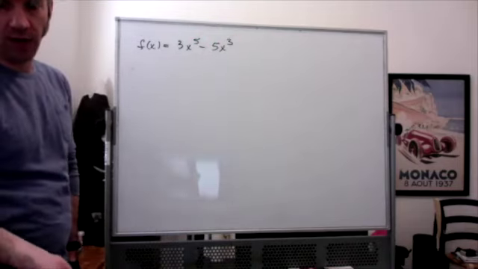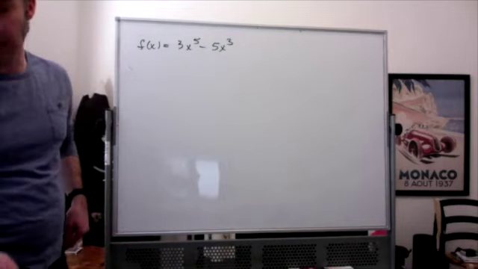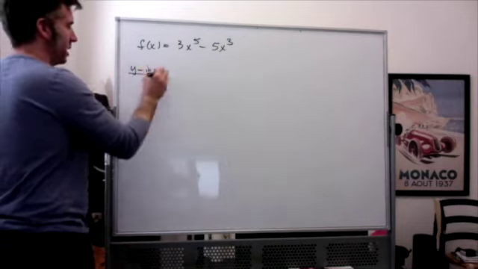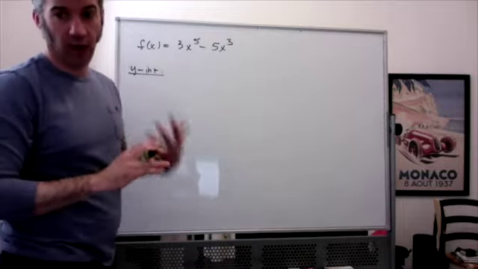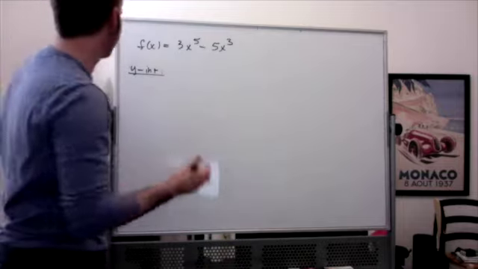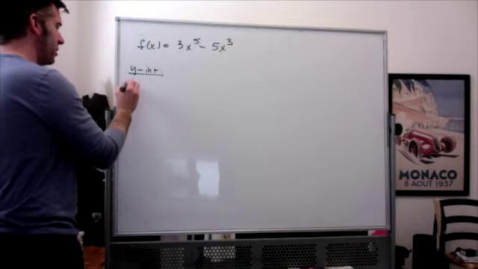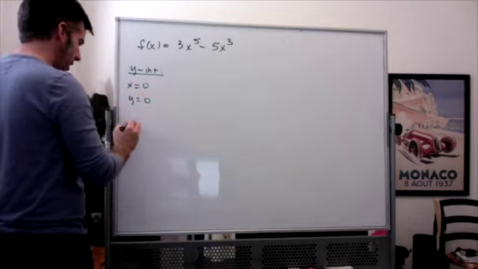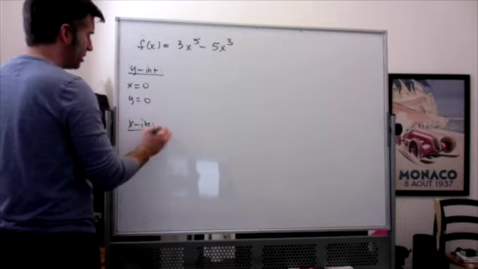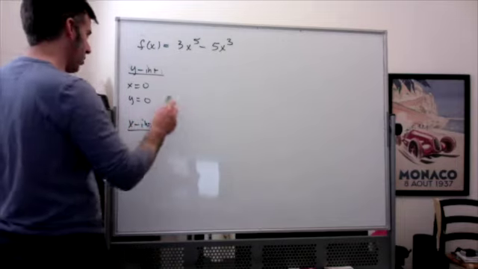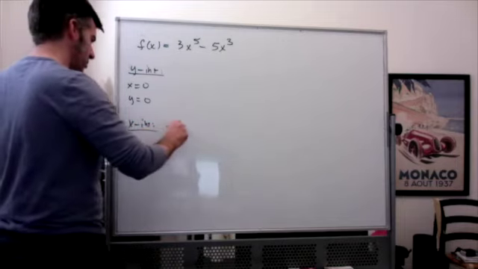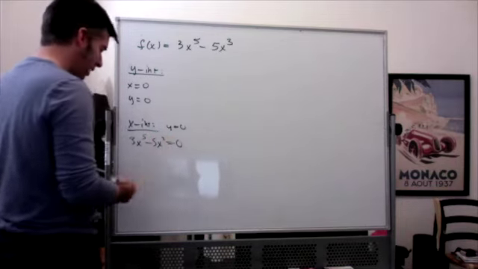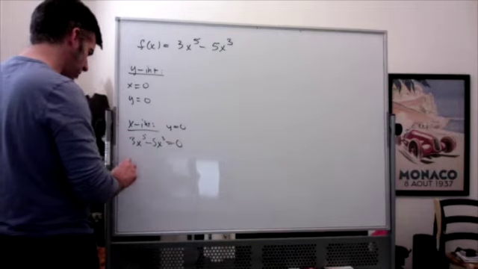due to being a polynomial, is not going to have any asymptotes. So let's go y. These problems, again, are in the context of graph it, find all the things. So y-intercept, x equals 0. You're also going to get y equal to 0. X-intercepts, here we can solve and find x-intercepts. If I set the whole thing equal to 0, 3x to the 5th minus 5x cubed equal to 0, I can factor out an x cubed.